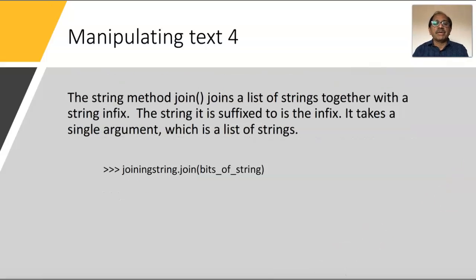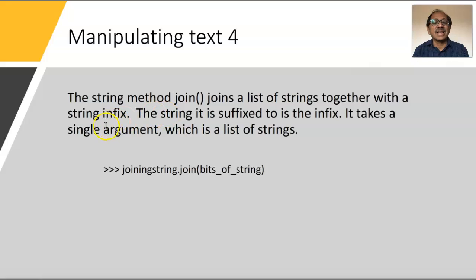The method here is join. Join, what does it do? It joins a list of strings together with a string infix. So in a list of strings, you can insert an infix in between those strings. The string it is called on is the infix. In fact, the syntax is very funny here.